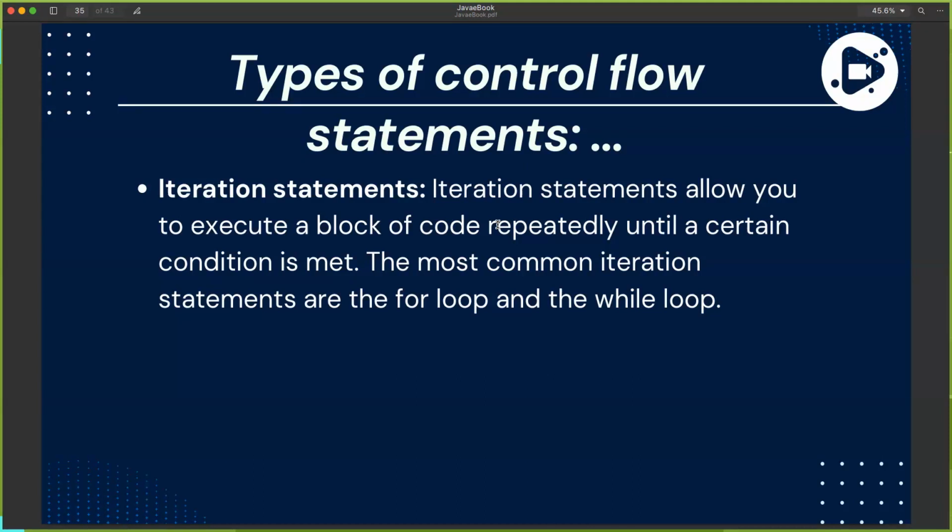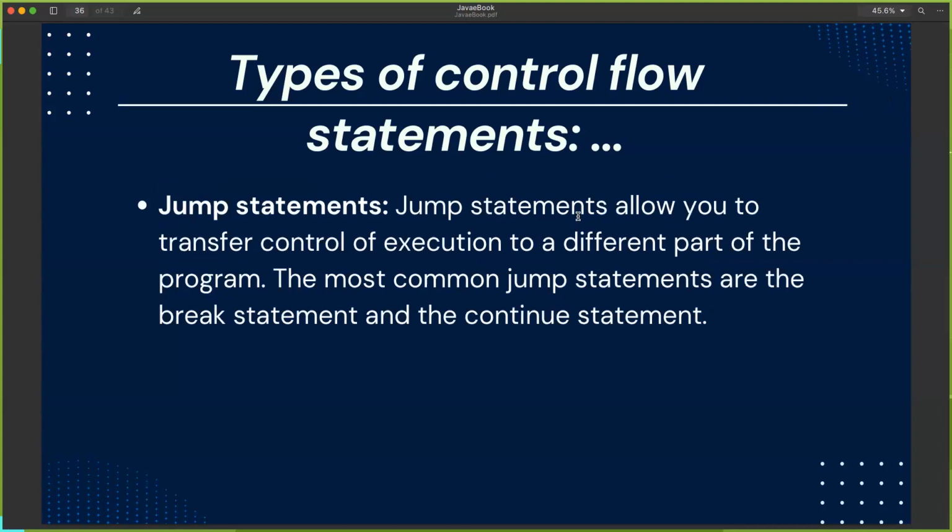All right, so that was just a brief one, but let's move to the next bit, which is going to be what? The jump statement. In Java, the jump statement allows you to transfer control execution to a different part of a program. Let's say you're running code and the code is trying to execute a condition.